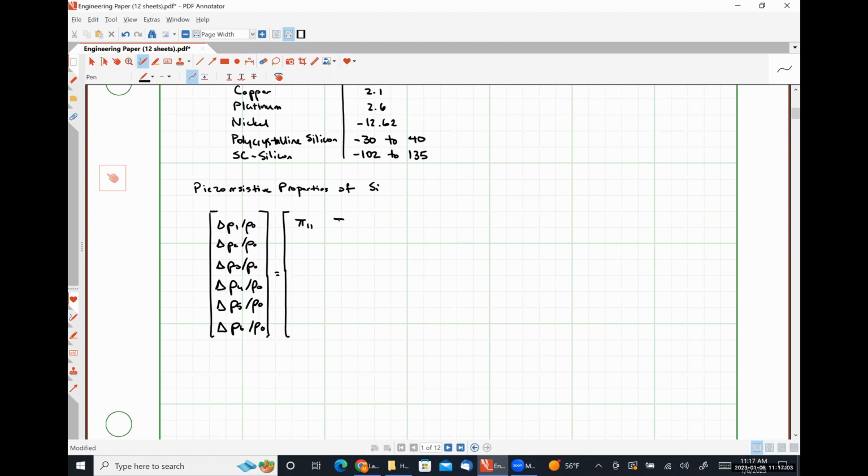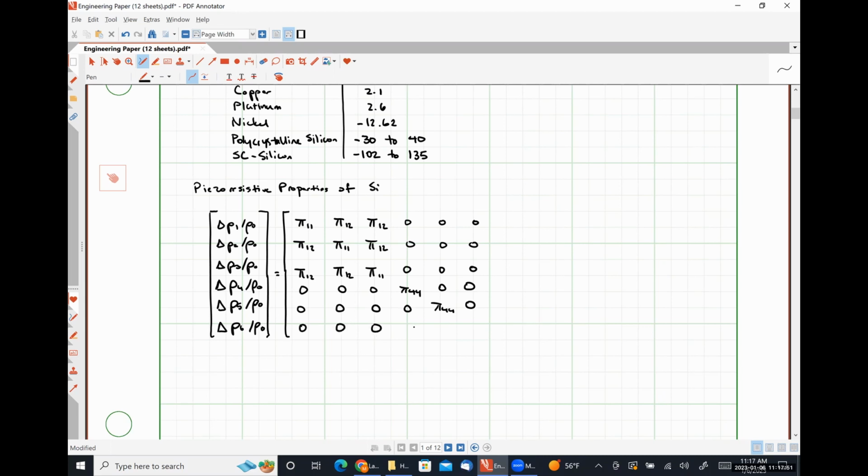So we're going to have pi 1,1, pi 1,2, pi 1,2, 0, 0, and 0; pi 1,2, pi 1,1, pi 1,2, 0, 0, and 0; pi 1,2, pi 1,2, pi 1,1, 0, 0, and 0; 0, 0, 0, pi 4,4, 0, 0; 0, 0, 0, 0, pi 4,4, 0; and 0, 0, 0, 0, 0, pi 4,4, multiplied by our different stresses.